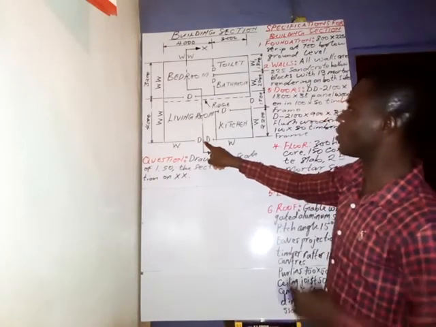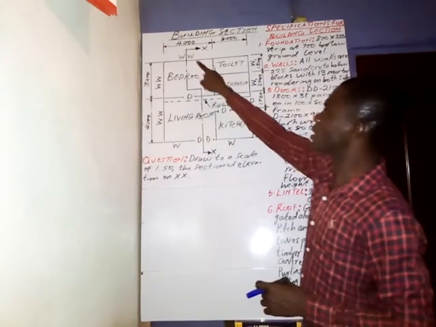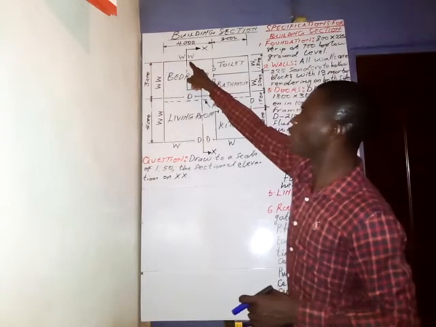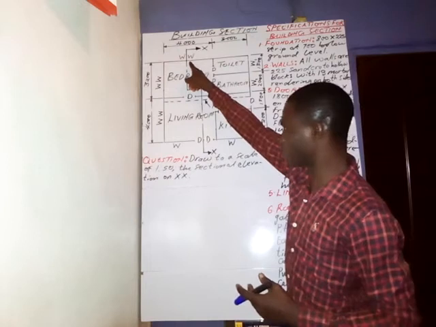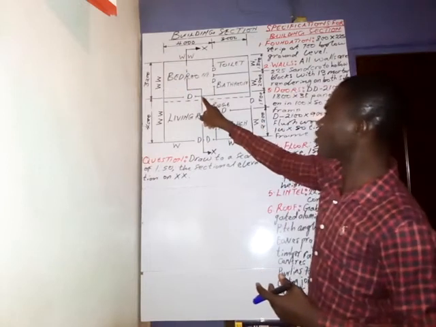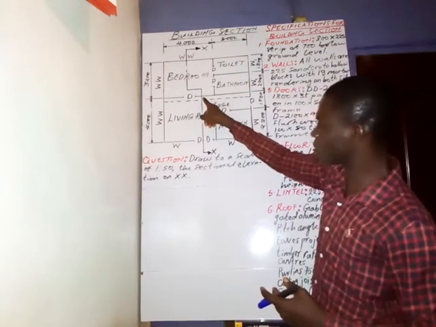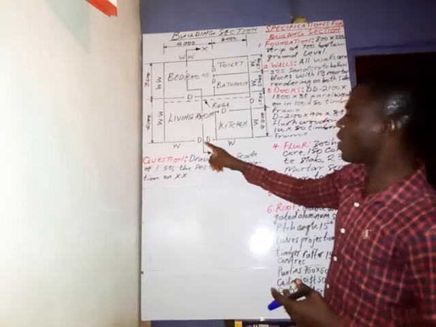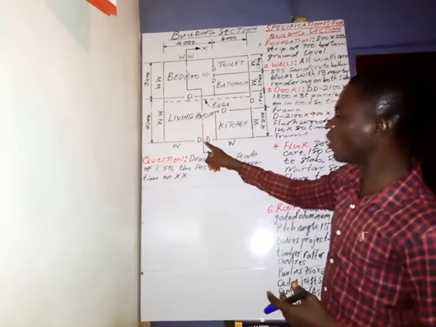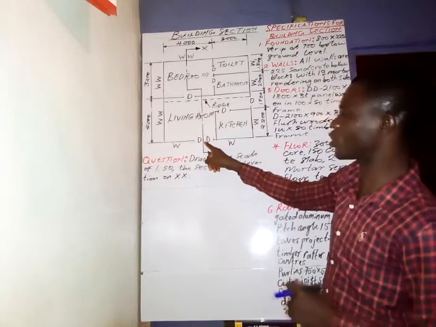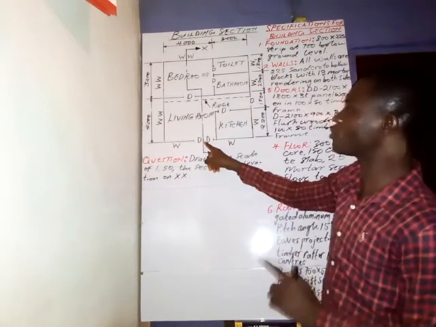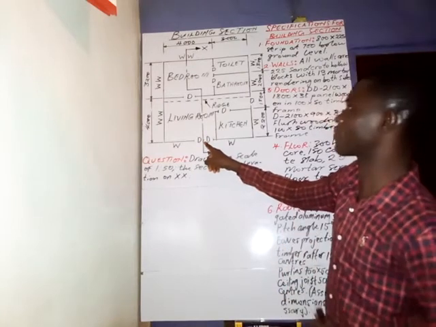Now, this wall on which the window is mounted has its own foundation, and the wall on which this door is mounted has its own foundation. So we have to produce 3 foundations.